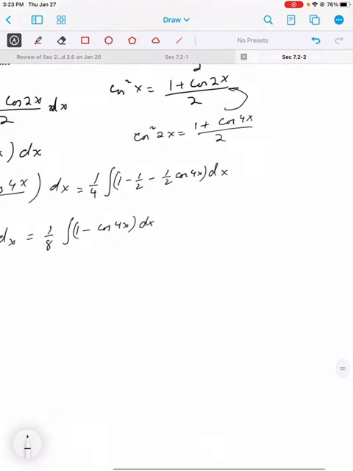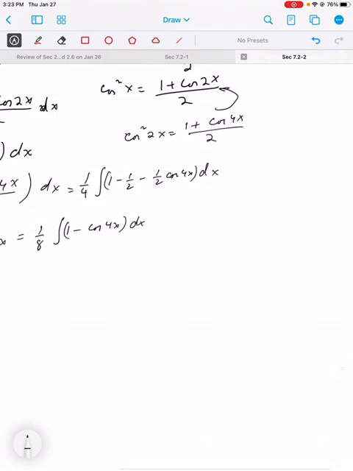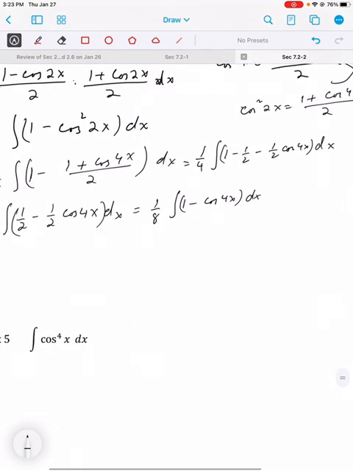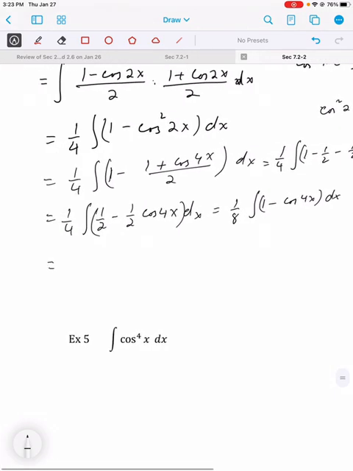If you now want to use the substitution again, use u equals 4x, then du will be 4 dx. So the first integral is 1 over 8x, then I have 1 over 8 integral of cosine of u times 1 over 4 du.